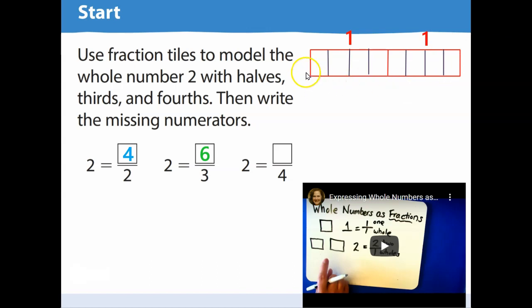Okay. Now, how many fourths are there in two whole numbers? 8. Just like that. Okay? Perfect.